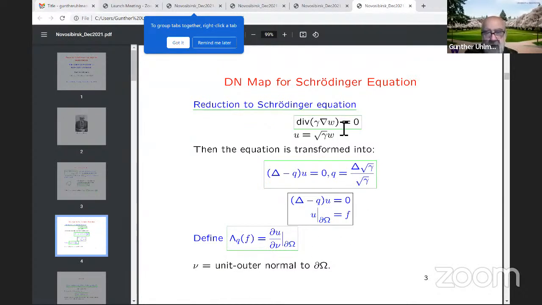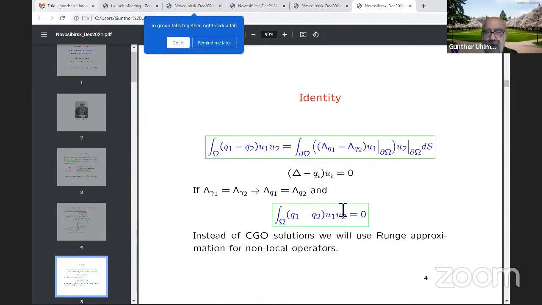This is a more general problem. And then one proves a very simple identity. It has been called Alessandrini's identity, but it's just integration by parts. Q1 u1 is the Laplacian of u1, it solves the equation. Q2 u2 is the Laplacian of u2. So by using Green's identity, you get information on the boundary, which is given in this way.